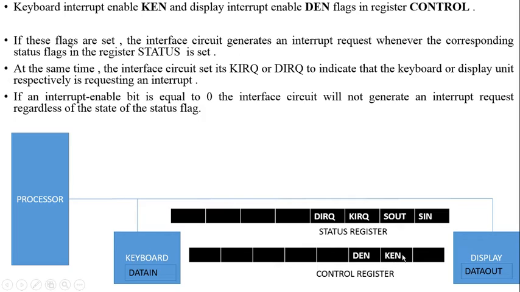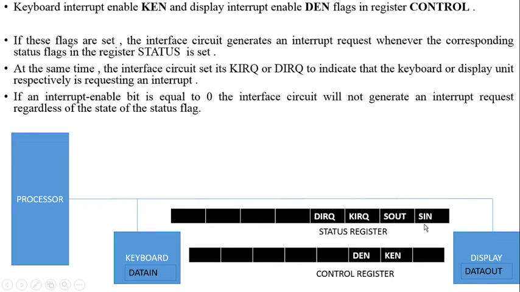If KEN value equals 0, what's the meaning? The keyboard is not a part of the currently executing program. In such a situation, even if data in is loaded with a new value, the keyboard can't place any interrupt request. But in our example, KEN equals 1, and whenever data in is loaded with a new value, SIN is automatically set to 1.